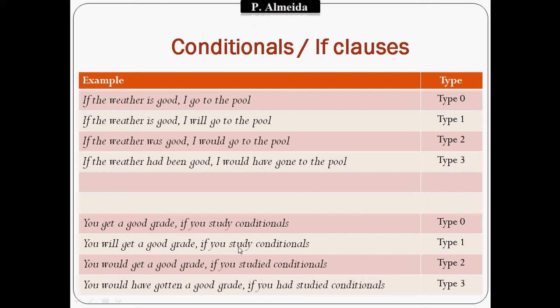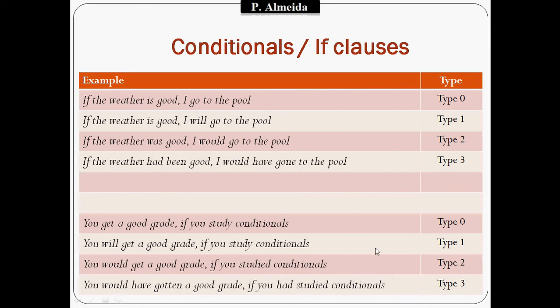Then next one, you would get a good grade if you studied conditionals. So this is type 2 because I have would and infinitive in the result and I have past simple in the actual condition, okay?